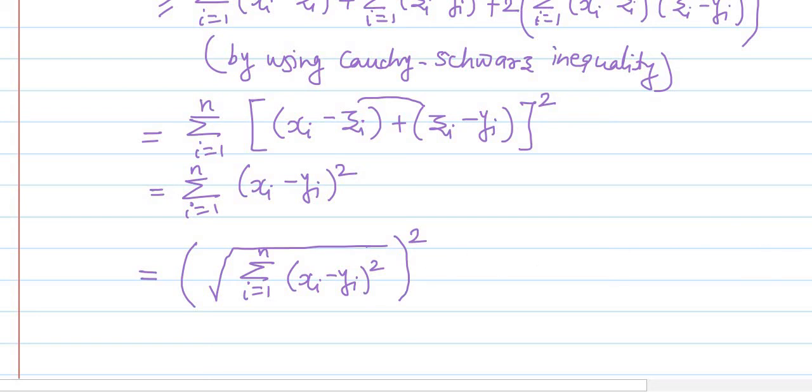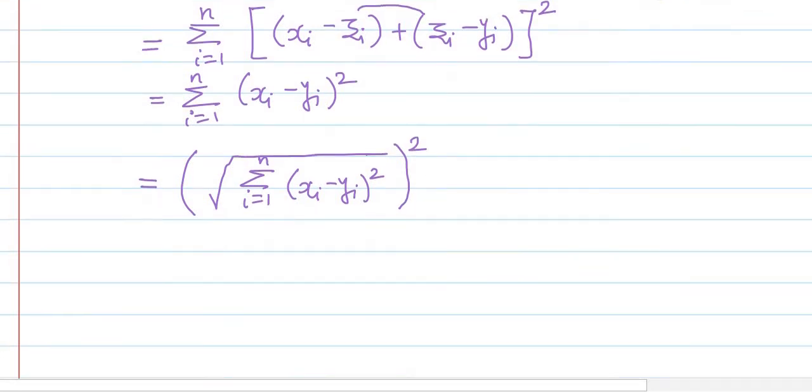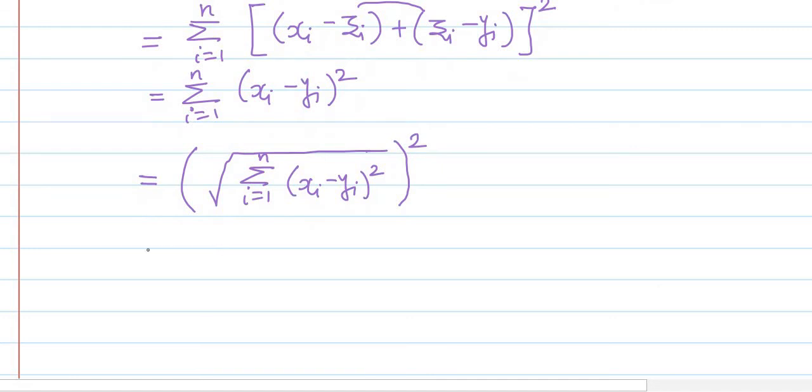Why have we written this in this form? Because our D function was defined in this form, and if you observe this with the D function, this is nothing but D of x comma y, whole square.